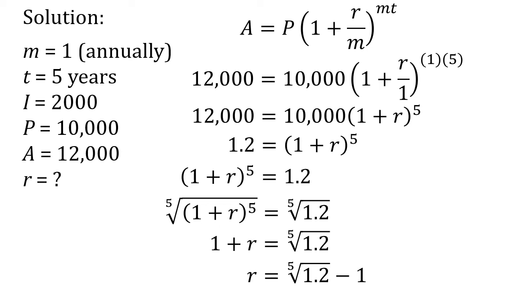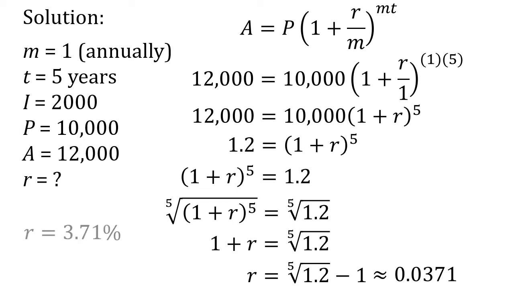The fifth root of 1.2 is approximately 1.037137289 minus 1. That's approximately 0.037137289, or for the first 4 decimal places, 0.0371.